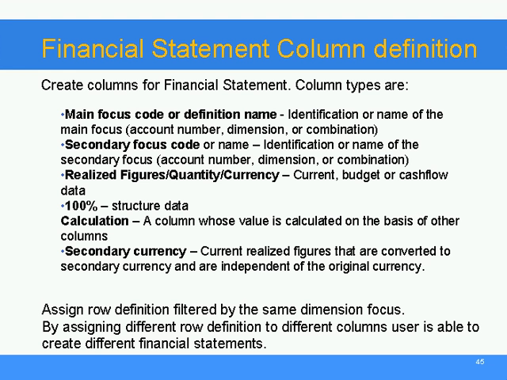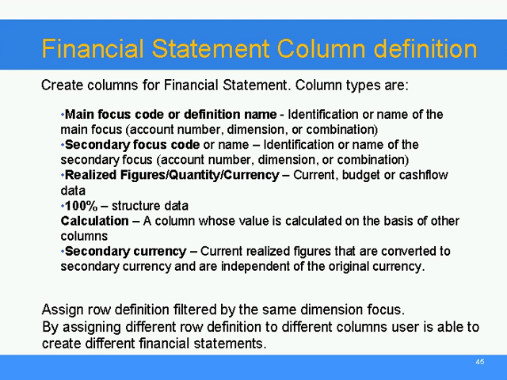Secondary focus code or name, so it means identification or name of the secondary focus, account number, dimension, or combination. Release figures, quantity, currency. So it means that you can display current budget of cash flow figures, quantity, or currency.